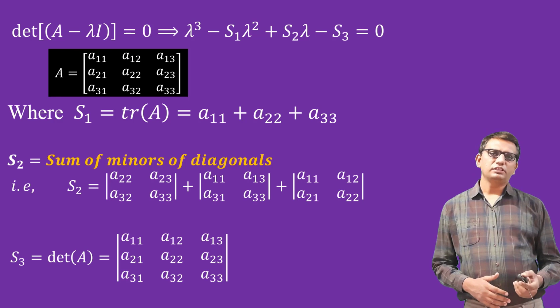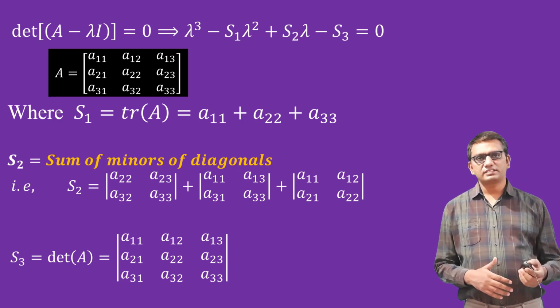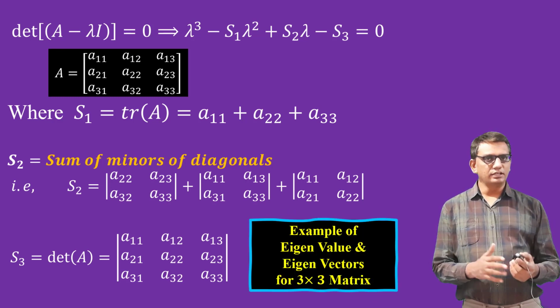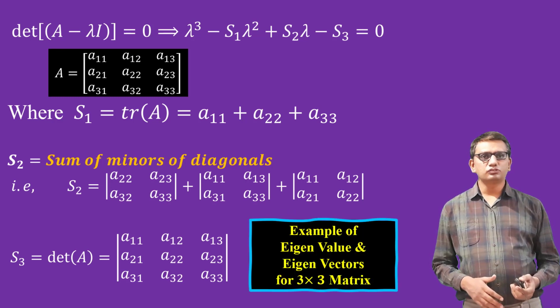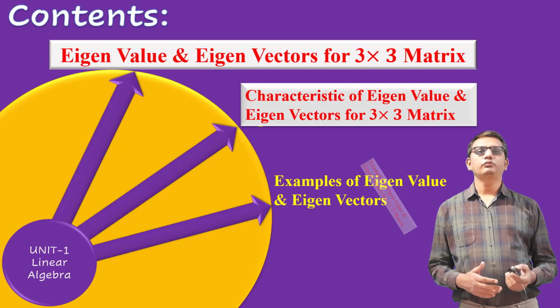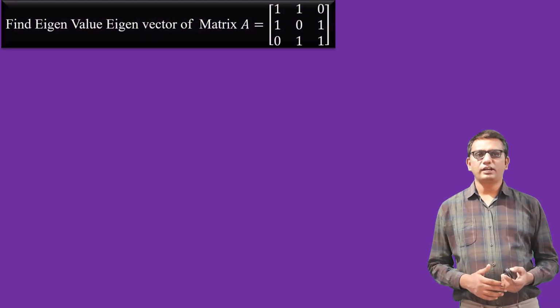After solving this characteristic equation, we get a maximum of 3 different values of lambda, and they are called the eigenvalues for the 3x3 matrix.